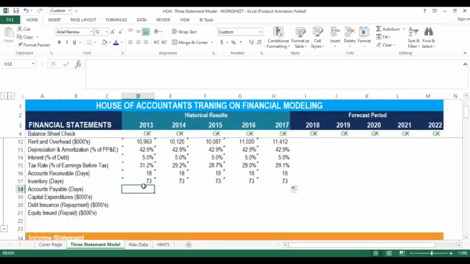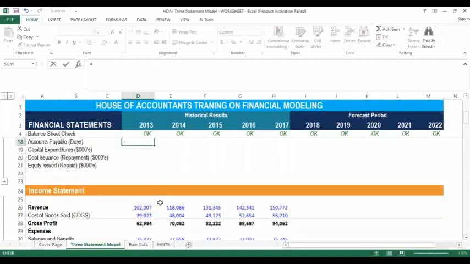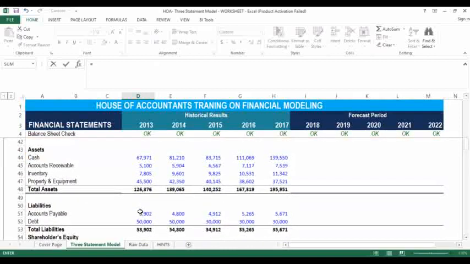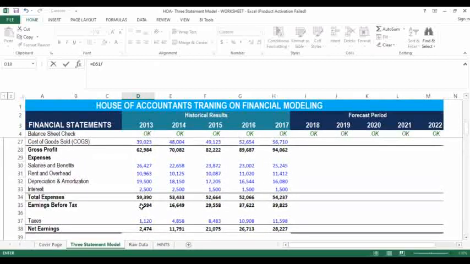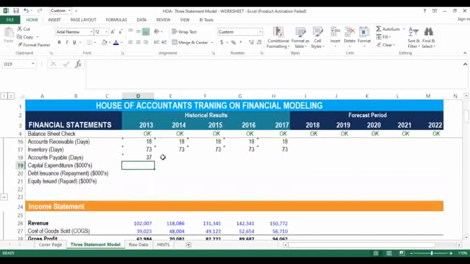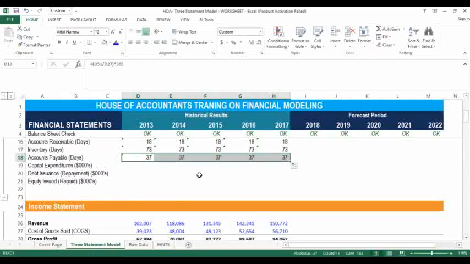So we'll come back here, payable divided by cost of sales, then multiplied by 365 days. And we are good to go. So just drag it down. That is what we need to know.